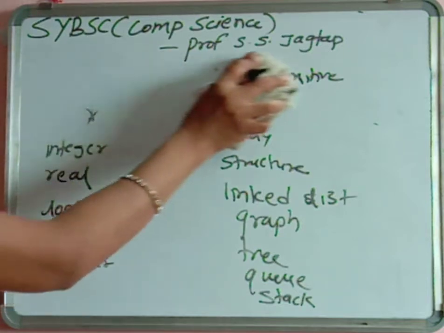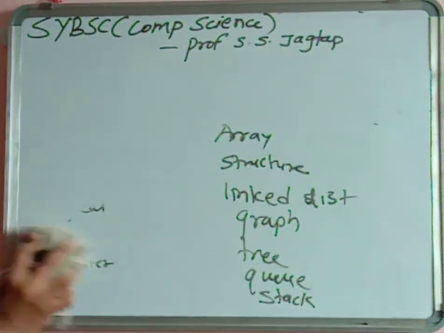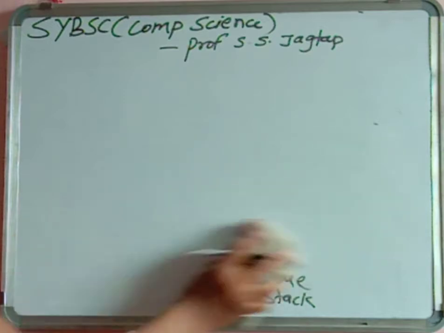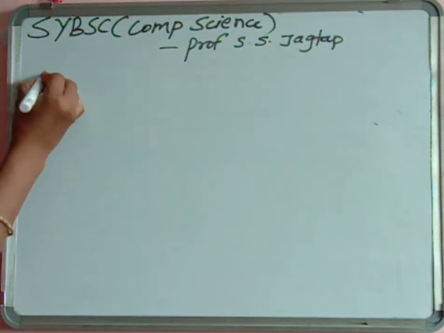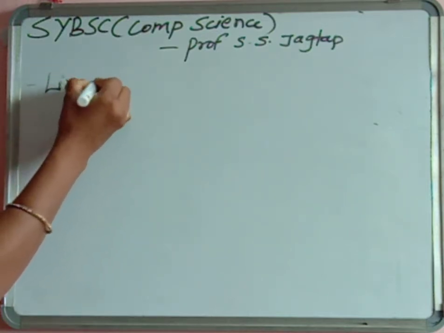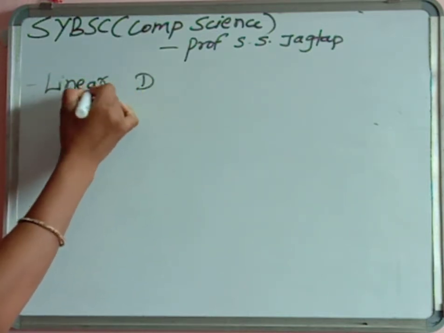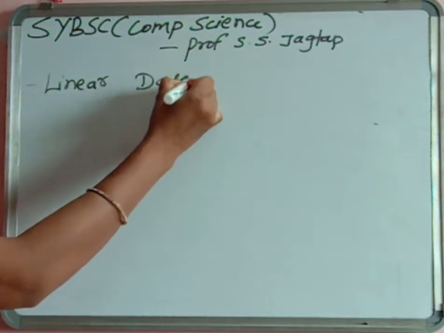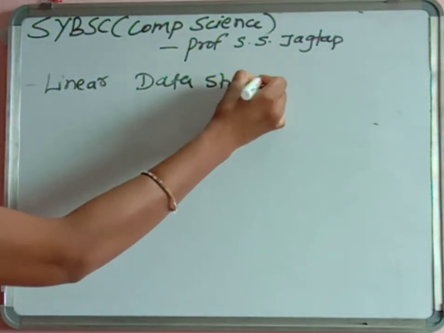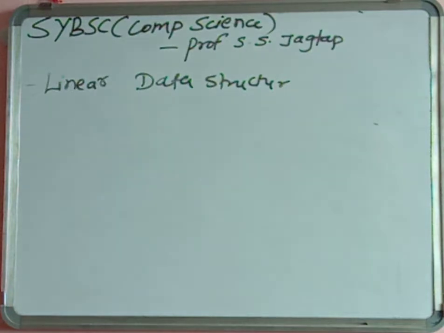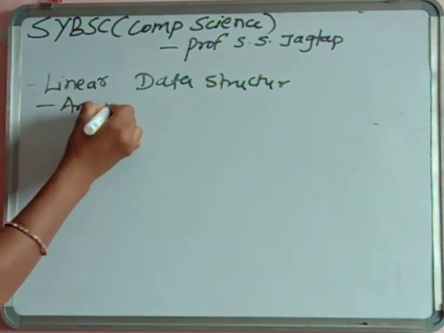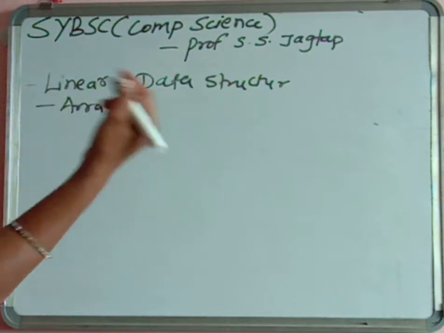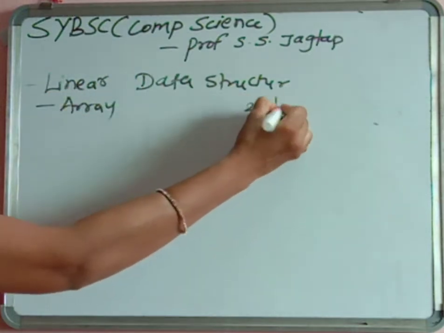Second data structure type includes linear and non-linear data structure. First of all, we will see linear data structure, which can be represented in two ways. One is array and another one is linked list.